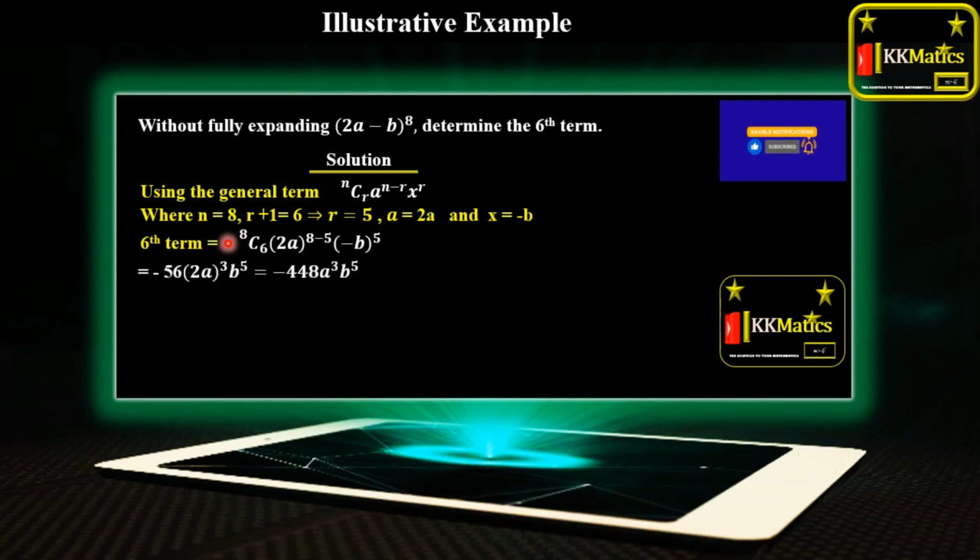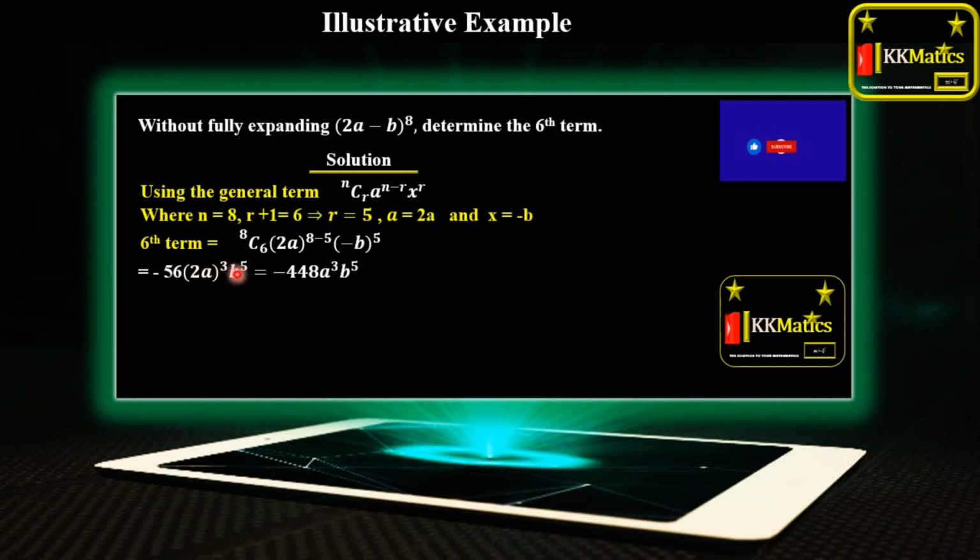Punching 8 combination 5 into our calculator gives us 56, and into bracket 2a, all raised to the power 3, because 8 minus 5 gives us 3, and then the minus b. The reason we bring the minus out is because 5 is an odd number, so we'll still have a minus. That would be minus b raised to the power 5, and so we wrote the minus outside.